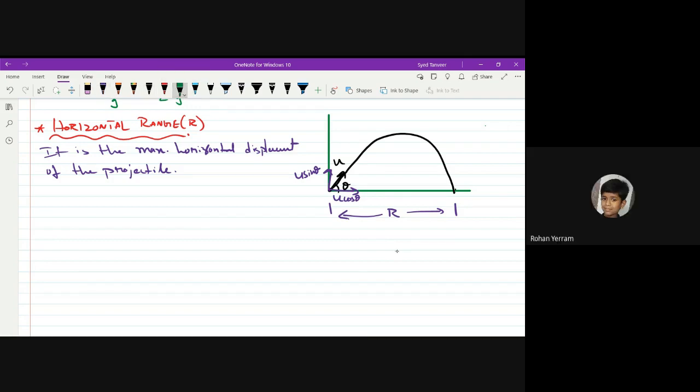U cos theta. Horizontal velocity will decide how far the projectile goes. Vertical velocity will decide how high the projectile goes. So, horizontal range depends on horizontal velocity.